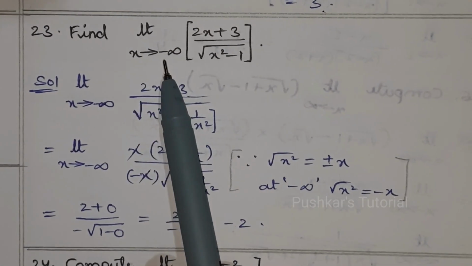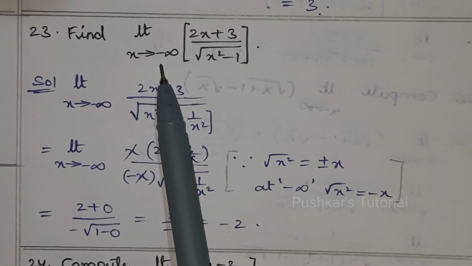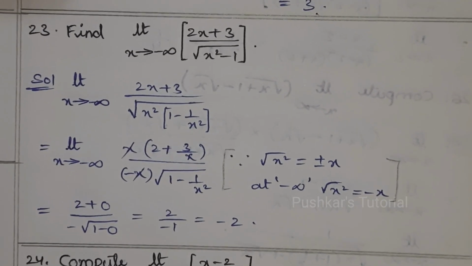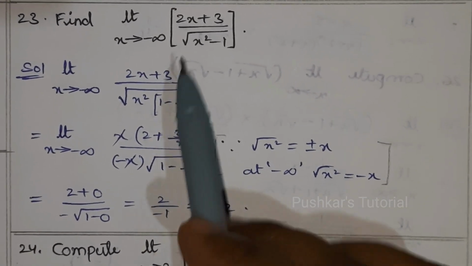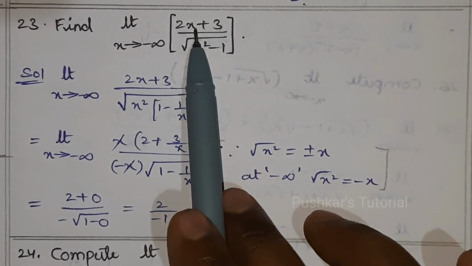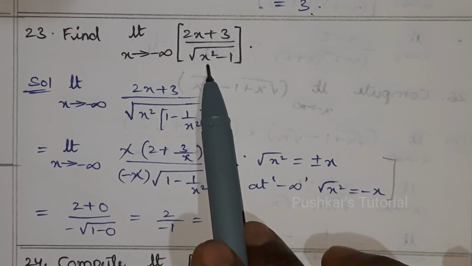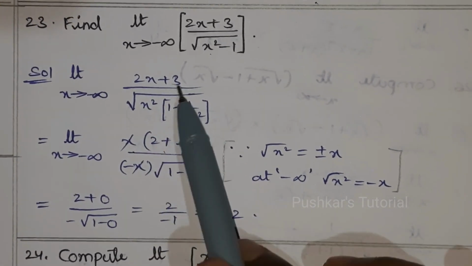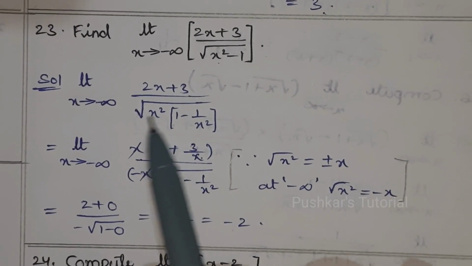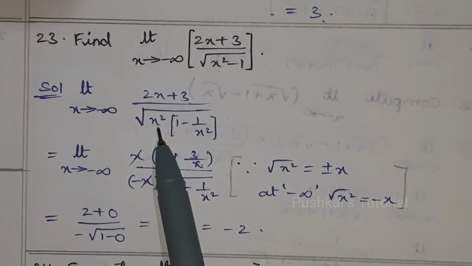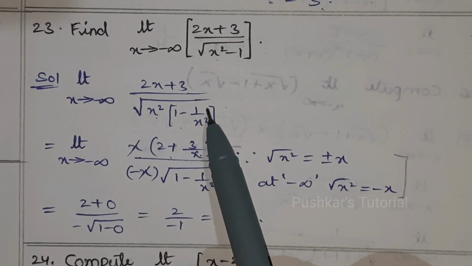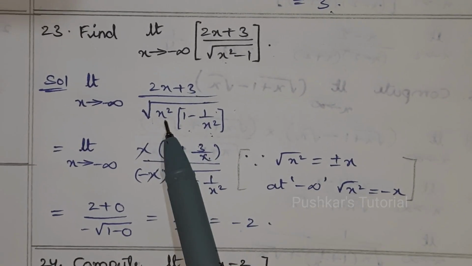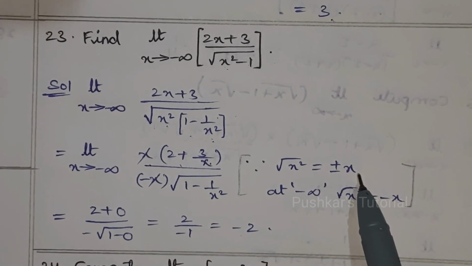Limit x tends to minus infinity. I already told that whenever infinity is coming we have to take the maximum common degree. Here the numerator's maximum degree is x, the denominator's maximum degree is x square. So in the numerator take x common, 2 plus 3 by x left out, and in the denominator I am taking x square common, so 1 minus 1 by x square. Here you see root of x square answer is plus or minus x.